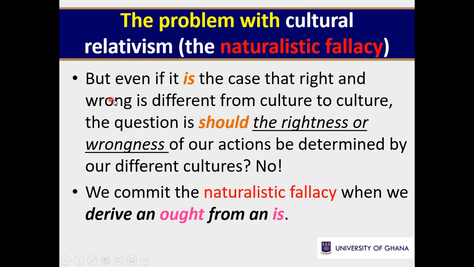The problem with cultural relativism is that people argue from the relativism of culture and then conclude on the relativism of what? Morals or ethics. But you can't say that because we are all different and we all do things differently, therefore whatever we are doing differently should be right or wrong in itself.